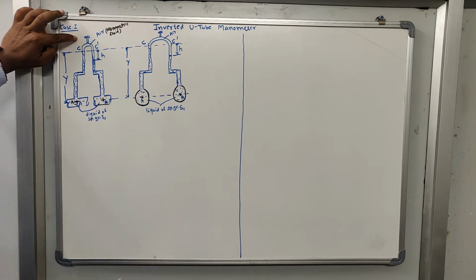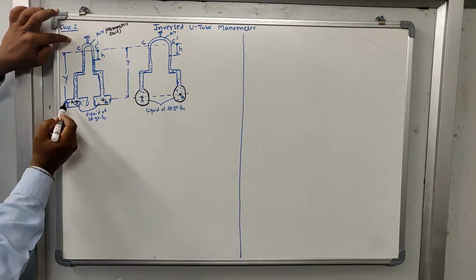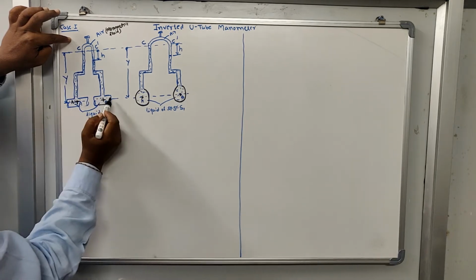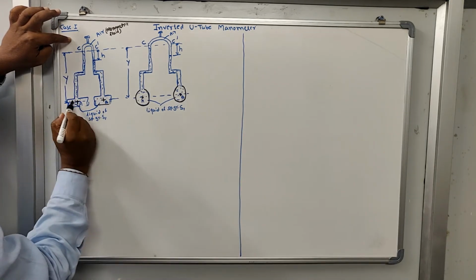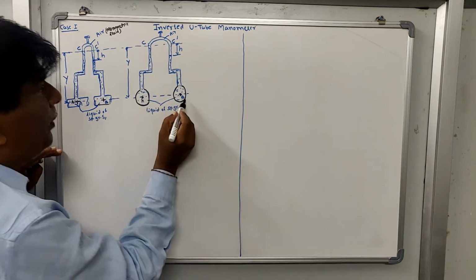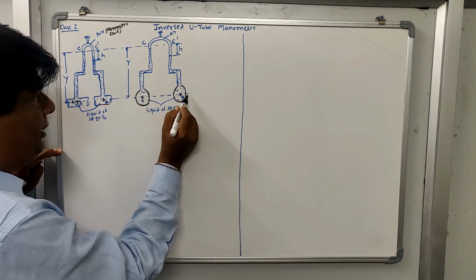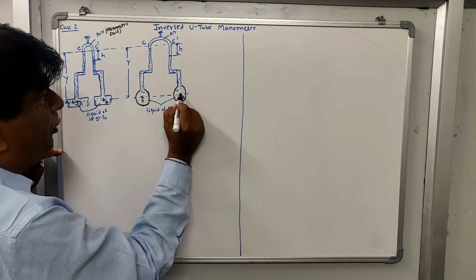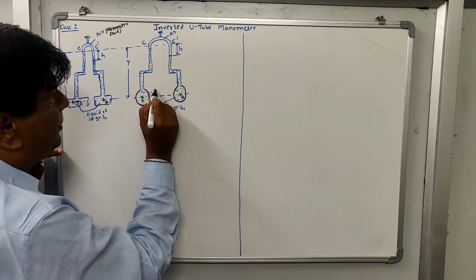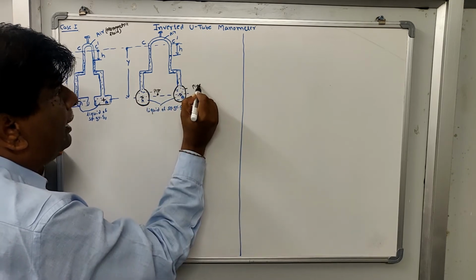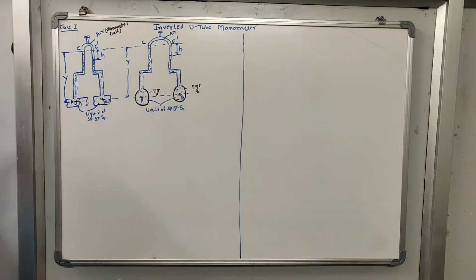Both are the same case; the only difference is that here there is a single pipe with two points marked on the same pipeline, and here there are two pipes running parallel to each other. This is point A of pipe A, and this is point B of pipe B.